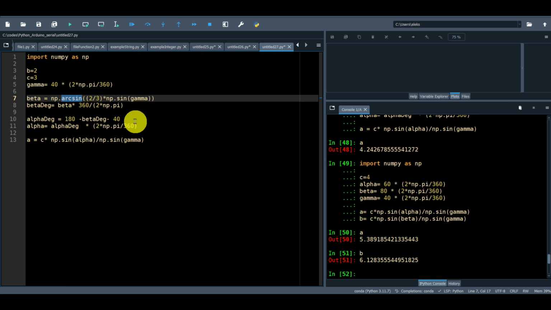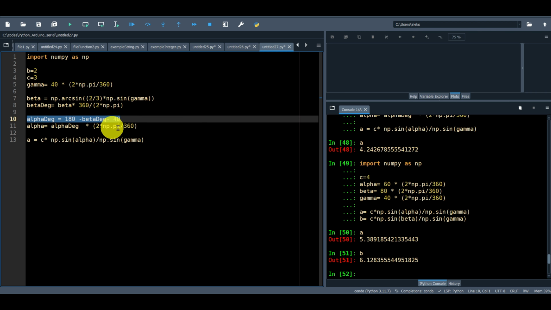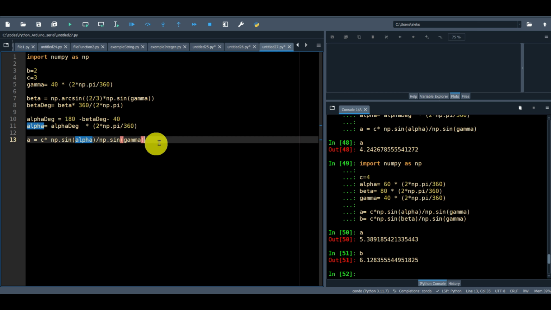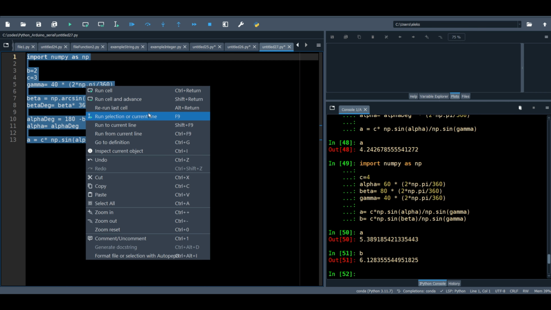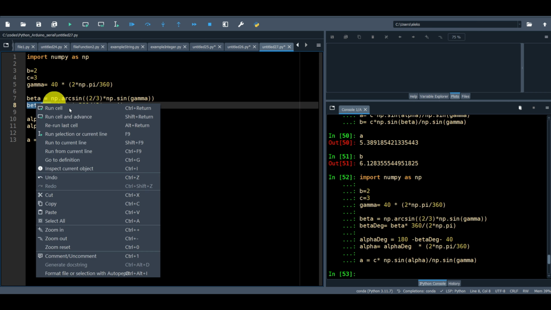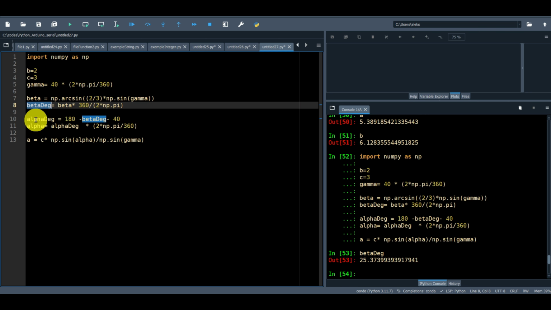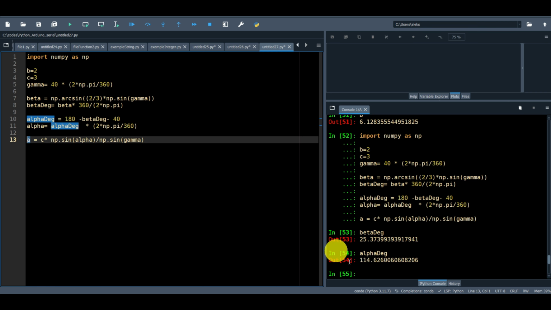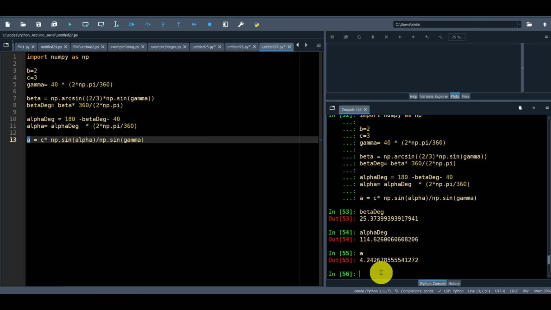However, I need degrees. Over here I compute alpha, then alpha is computed in degrees. I convert alpha back to radians, and over here I compute A, and that's it. And as the result, you will obtain beta in degrees, alpha in degrees, and you will obtain A. And that's it.